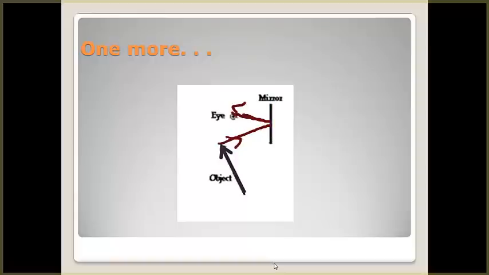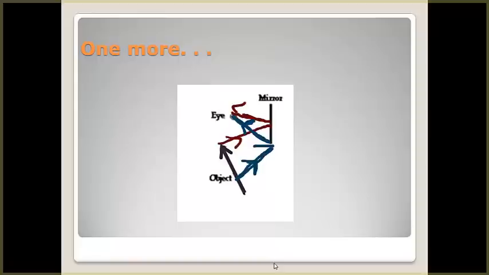So what I'm going to do is I'm actually going to think backwards. For me to be able to see this image, I need to have a ray bounce back to my eye from the very edge of the mirror. Now that's the reflected ray. This would be the incident ray. So it left the object, hit the mirror, and traveled towards my eye.